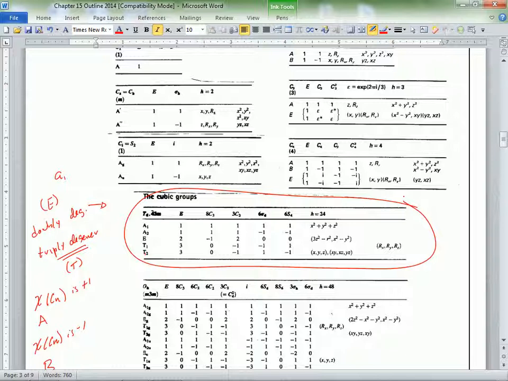Okay. A constant times, okay, what are all my characters for A1? If I add up all those, what would I get for tetrahedral? What do I get if I add up all the characters for A1? Add them all up, what would I get? Remember, there's an easy way to do it.